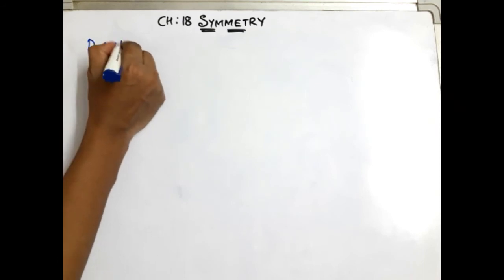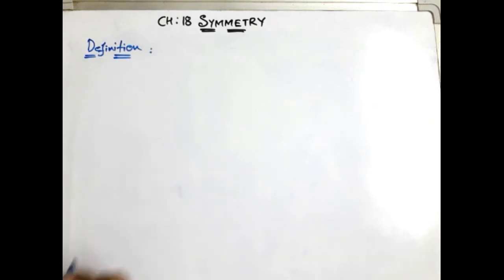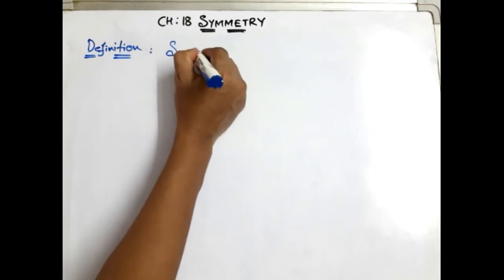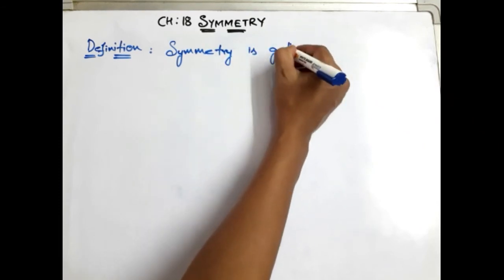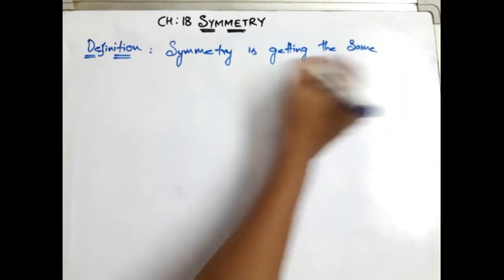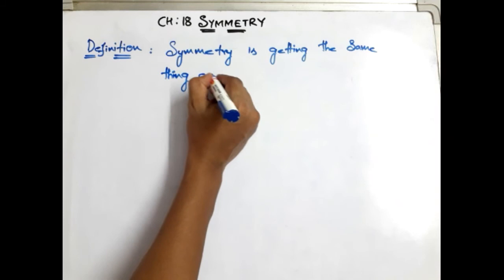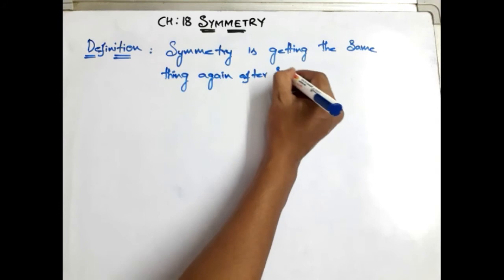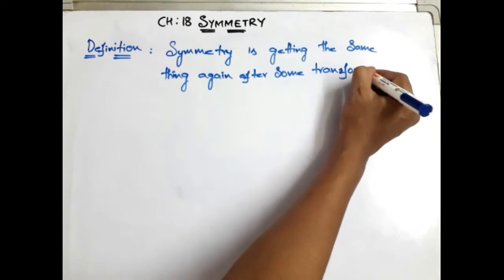Definition of symmetry. Symmetry is getting the same thing again after some transformation. I will explain it, you wait. Some transformation.